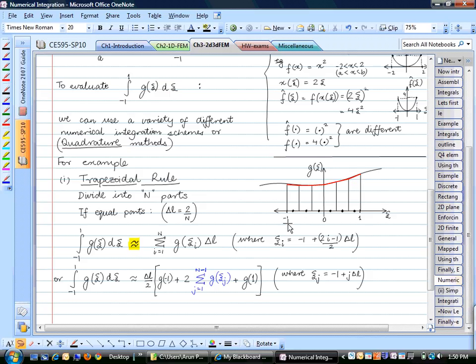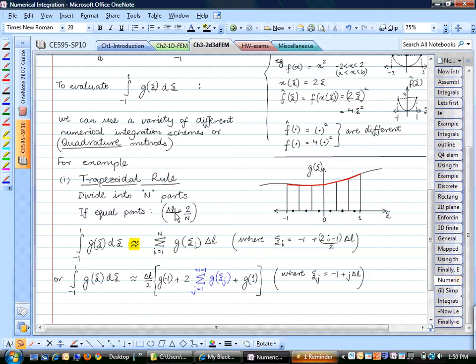So just to go over it a little quickly, we have our domain from -1 to +1. We are going to divide it into n parts, and these n parts need not be equal. But just to keep things simple, if they are equal, then each of those small lengths delta L is going to be equal to the total length, which is 2, divided by the number of parts, which is n.